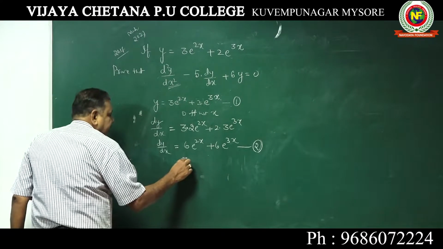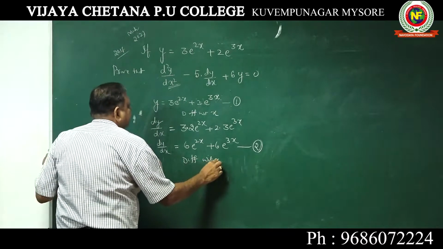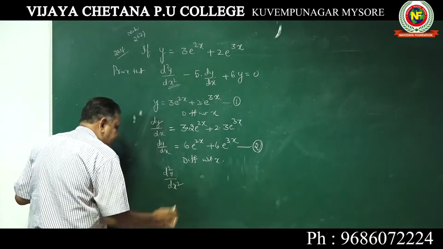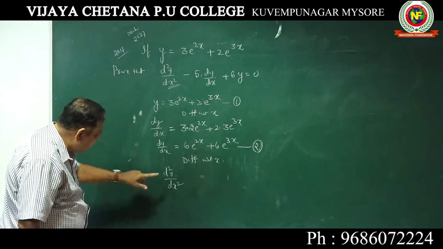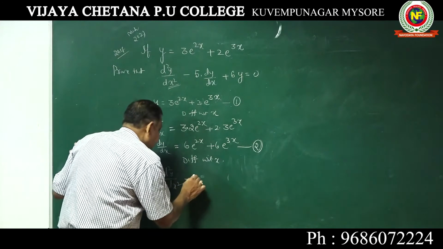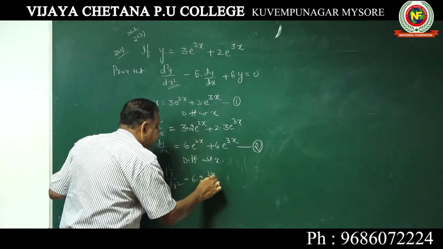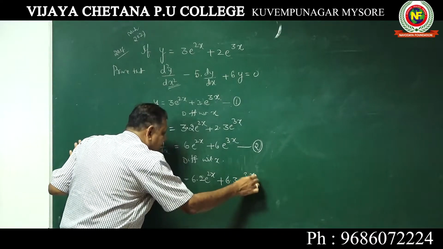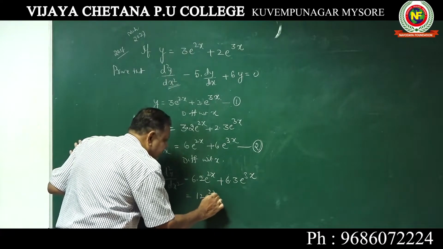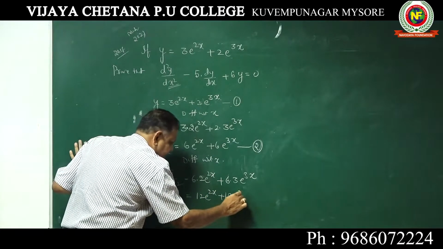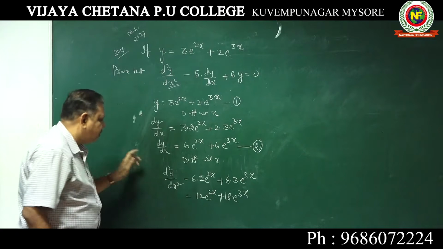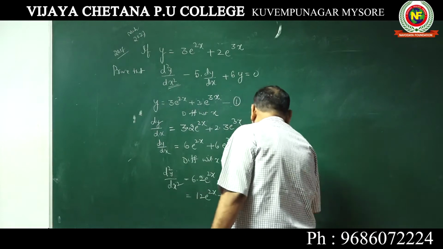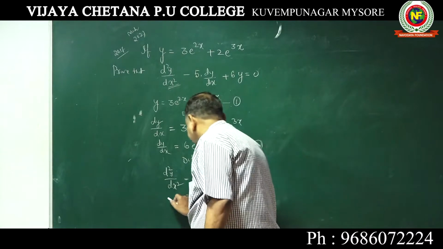Now further differentiate with respect to x. d square y over dx square is equal to 6 into 2 e to the power of 2x plus 6 into 3 e to the power of 3x, or it is 12 e to the power of 2x plus 18 e to the power of 3x. You call this equation number 3.